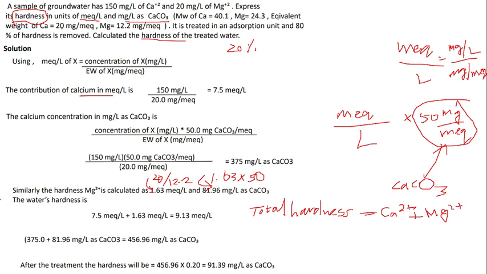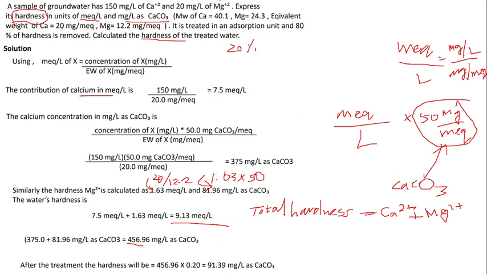For calcium, it is 7.5 milli equivalent per liter, and for magnesium, it is 1.63 milli equivalent per liter. So now the total hardness is 9.13 milli equivalent per liter. In terms of calcium carbonate, just add 375 and 81.96. So it is 456.96 mg per liter as calcium carbonate.